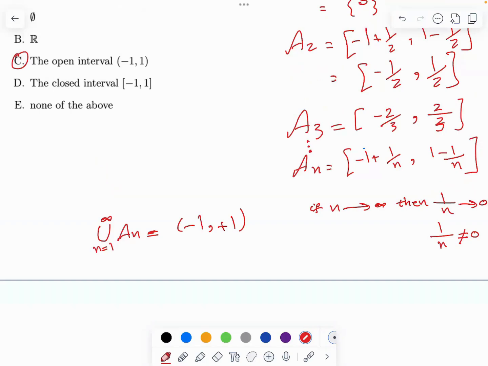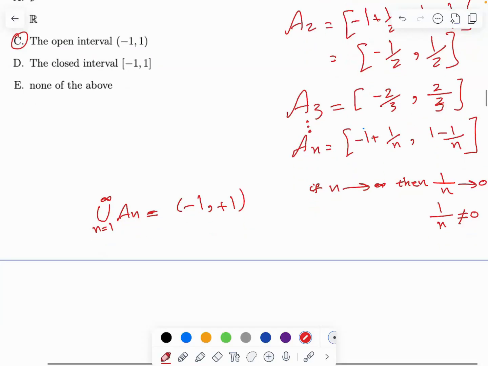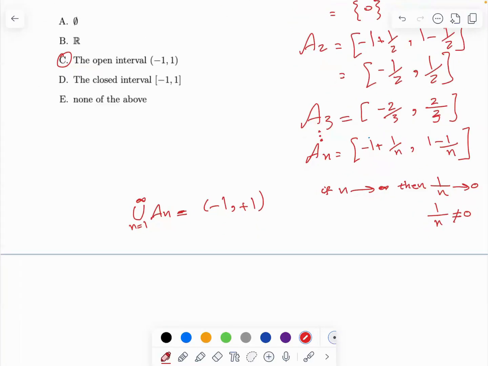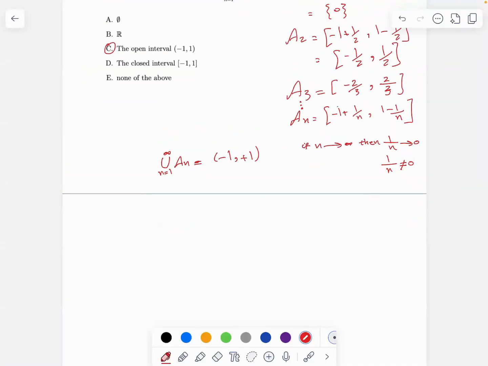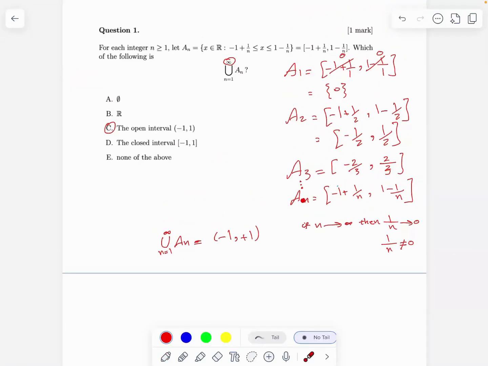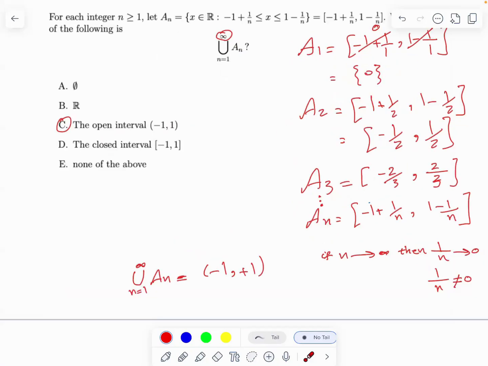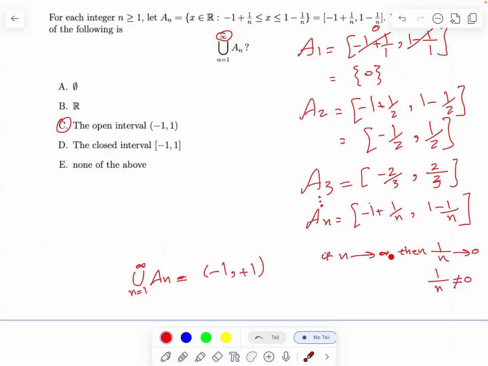This was the question of last year, first question, more or less refined or changed, modified. So A_n is this part, and if n goes to infinity, then 1 over n tends to 0.